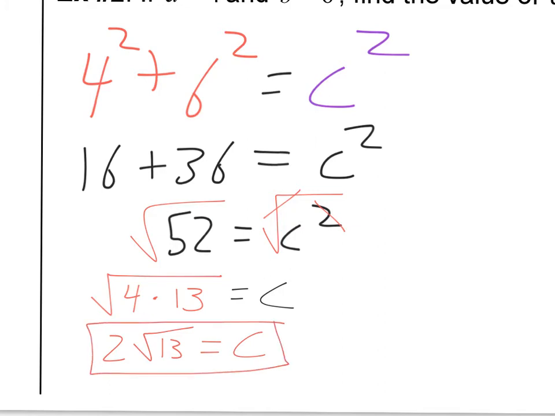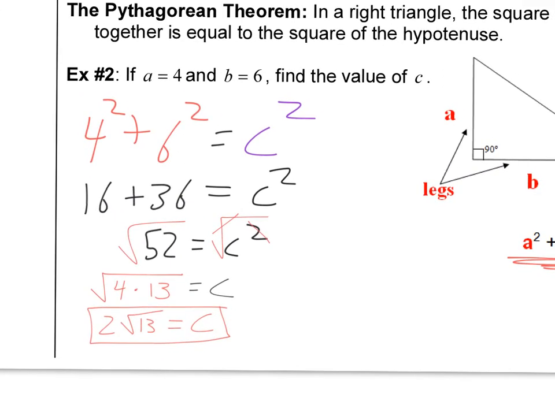This also has a decimal answer. You could go to your calculator and you could say 2 times the square root of 13. So I'm going to do that real quick just so you could see what that would look like. You could test it in your calculator, see if you get the same thing. And that is really close to 7.21. So I should use approximation symbols here.